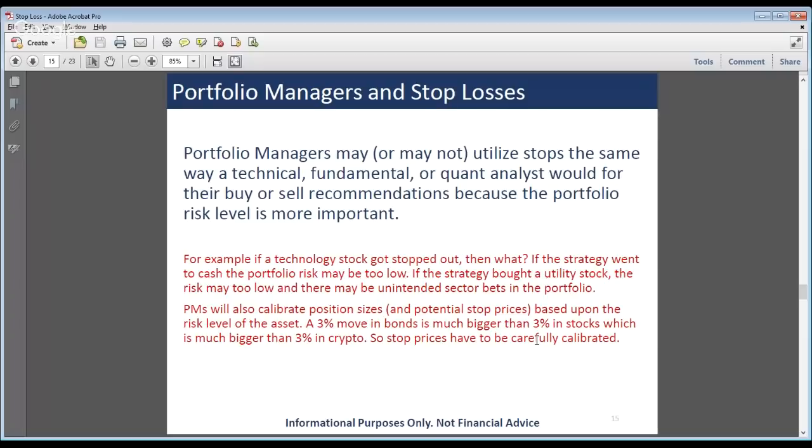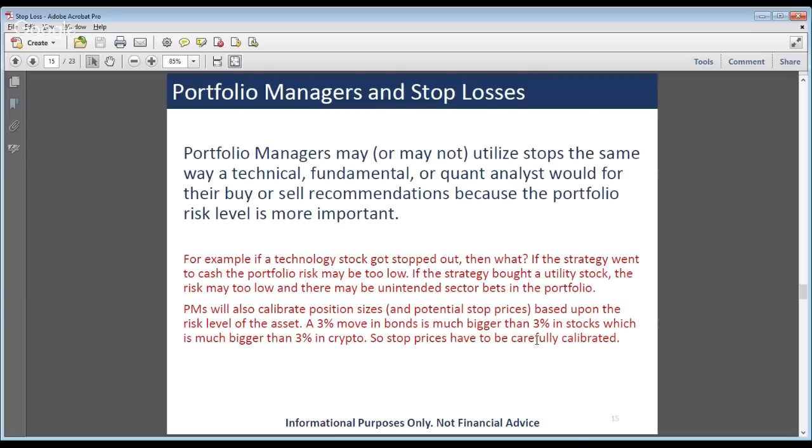So what about portfolio managers and stop losses? The reason why I put technicians, fundamental, quant on the previous page is that depending on what type of investor you are, that's generally how you would use your stop loss as a portfolio manager, potentially. That's why this section actually came after the previous section. However, the key point here is whether you're a technician that knows some math and you're building a portfolio, or a quant, or a fundamental analyst.